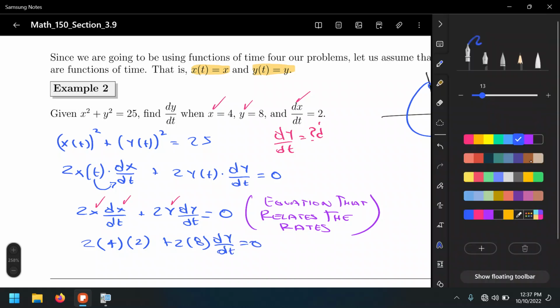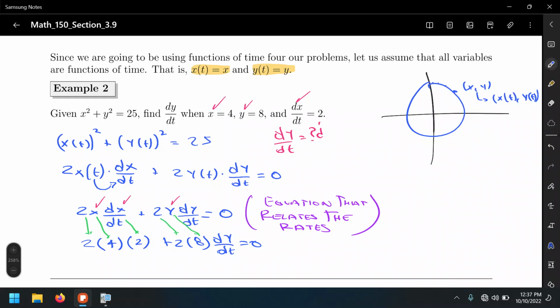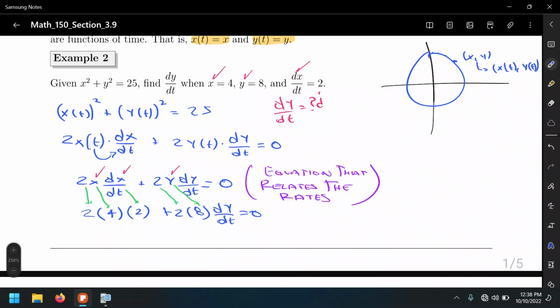So just so we can relate this, 2 is 2, x equals 4, dx dt is 2, 2 is 2, y equals 8, and dy dt is dy dt. That's our question again. All right. So that's going to be 2 times 4, which is 8, and 8 times 2, that's 16, plus 16 dy dt equals 0.